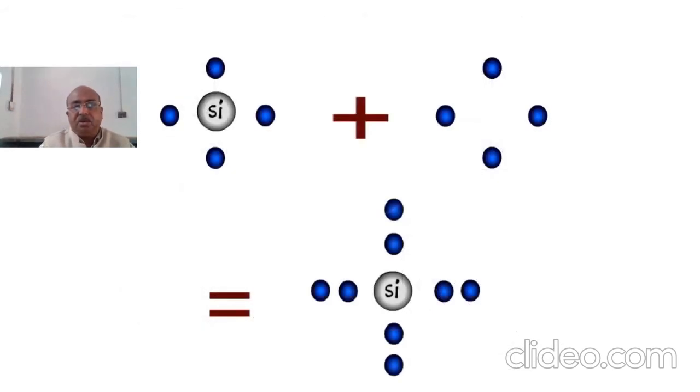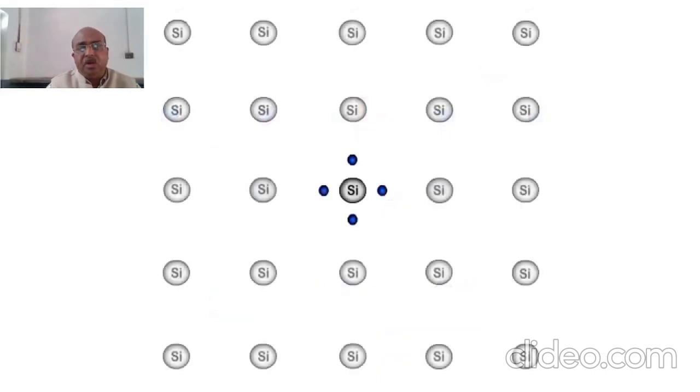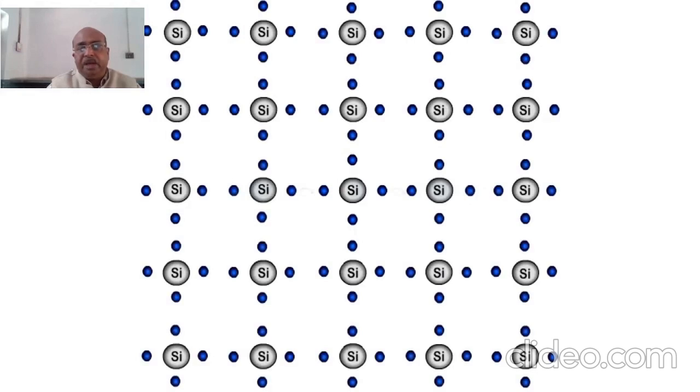If we see silicon, it has 4 electrons at its outermost orbit, and if it gets 4 more electrons, then silicon will have its octet complete, and this way it has its complete configuration. Now what happens with silicon? When silicon is there with its 4 electrons, in the neighboring area there are other silicon atoms arranged in an array.